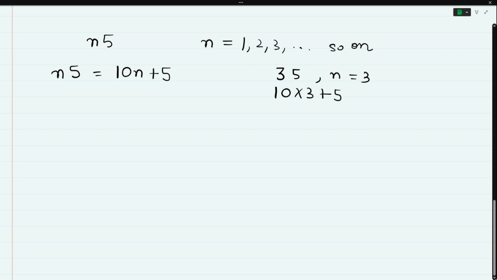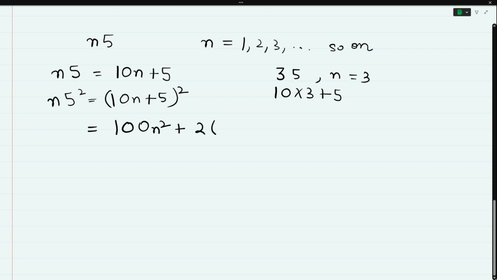So squaring n5 means we are squaring 10n plus 5. Squaring it, we get 100n squared plus 2 times 10n times 5 plus 25.